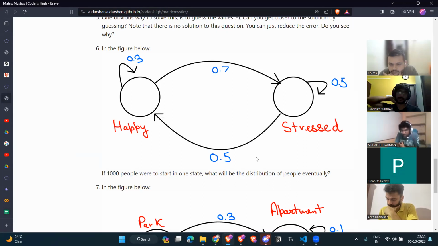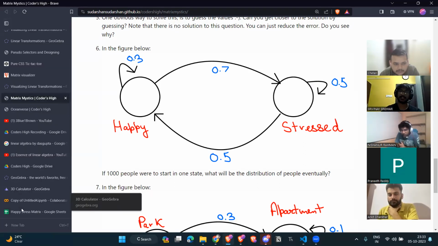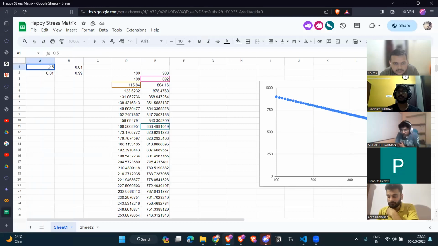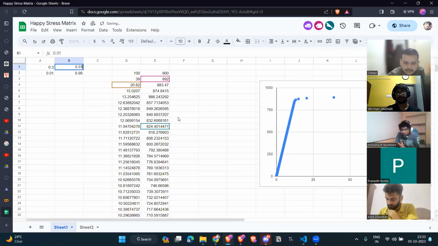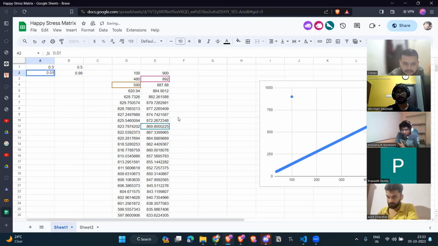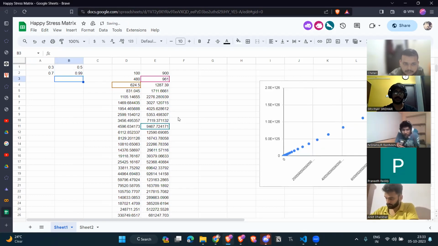So now you've got two equations, right? Can you write that as a matrix? Yes, straightforward. We just take the coefficients as the matrices. And x is happy and y is stressed, isn't it? Perfect.